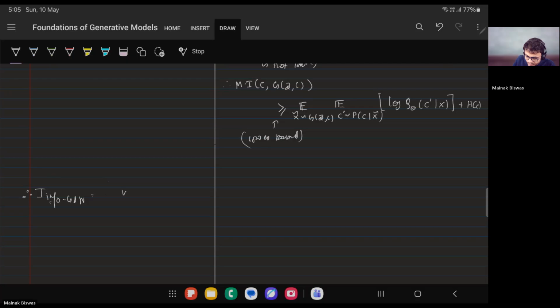minimize over theta, maximize over generator and Q, of the expected value of x from P(x), log of discriminator of x, minus the expected value of x from Q theta. G, and Q theta is different.